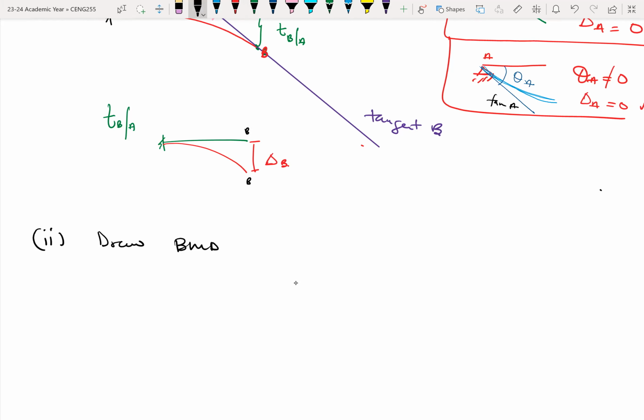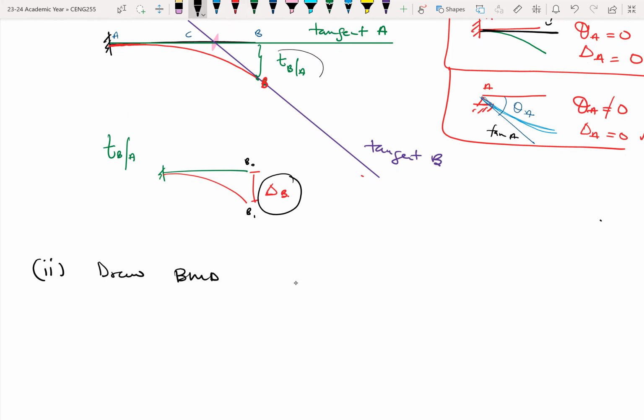So let me say maybe B naught and B1. So the delta B, which is the deflection at B, is just the difference between the initial position of B and the current position of B. In this case, it coincides with the vertical deviation, TBA.